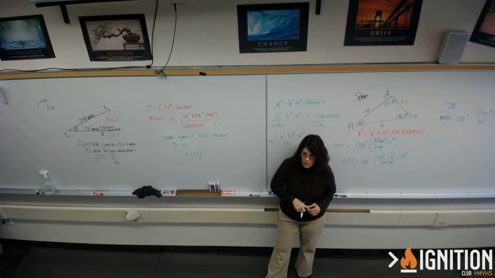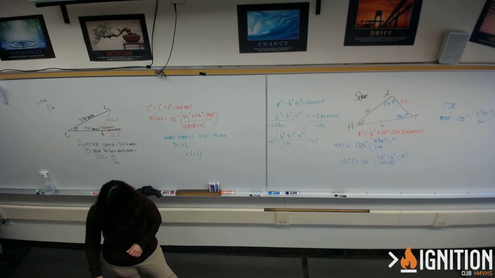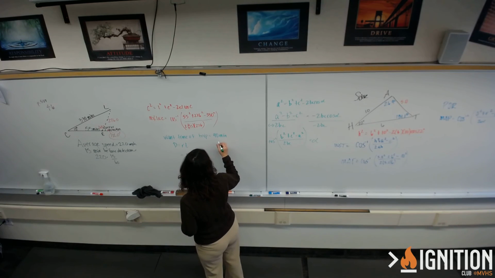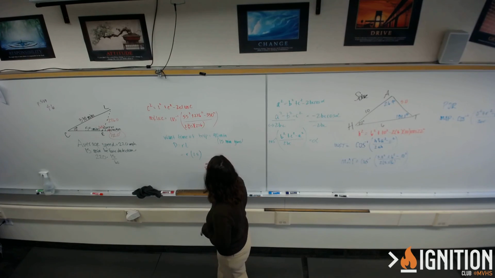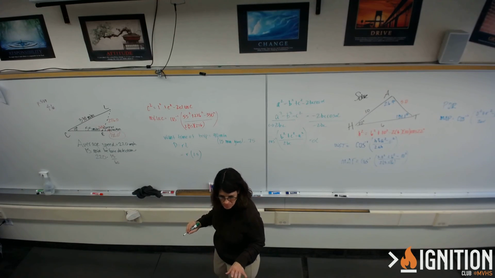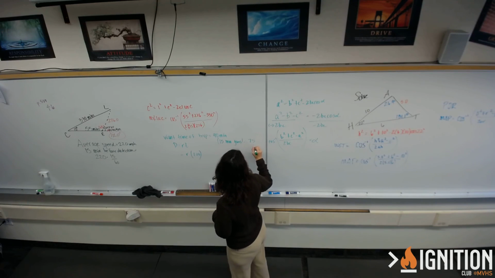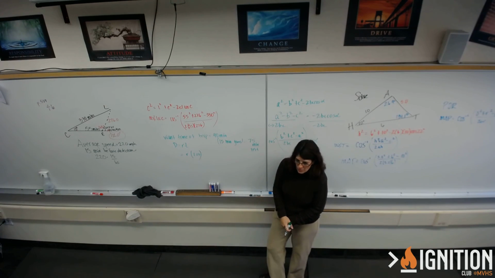Is this counting the 15 minutes they've already traveled, or is it just the trip? So the total time of the trip, I would imagine that includes the 15 minutes. So that should be 75. 15 minutes are gone, so 75 minutes, 1.25 hours. What's the distance?